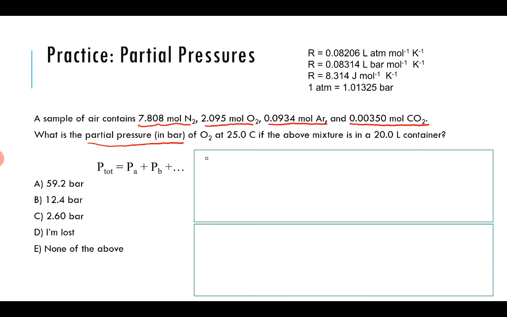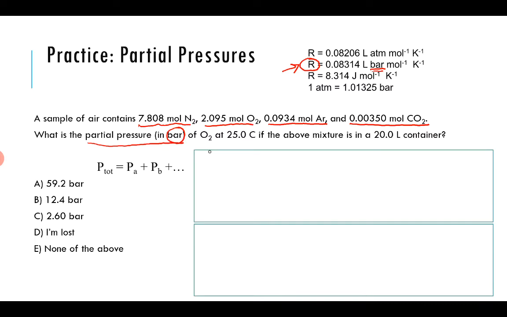Okay, so let's see if you got the same answer that I'm going to get, or if you did it in the same way. Since this is asking for the partial pressure in bars, I'm going to look up here to my different units for R, and I see that this R value has bars listed. So I'm going to choose that R value to make my unit life easy.